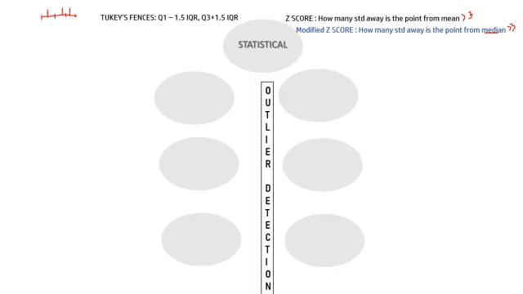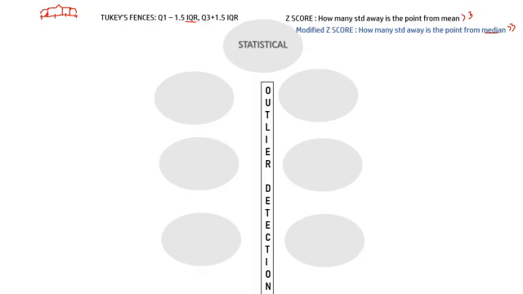The range from quartile 1 to quartile 3 gives the interquartile range, which is the IQR. Sorry, I just made one mistake.